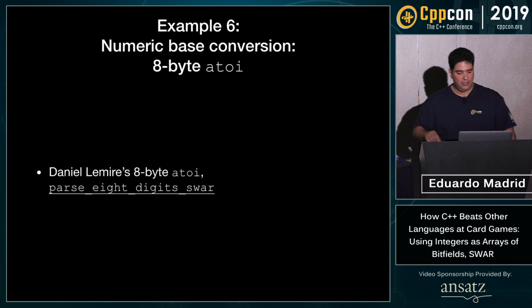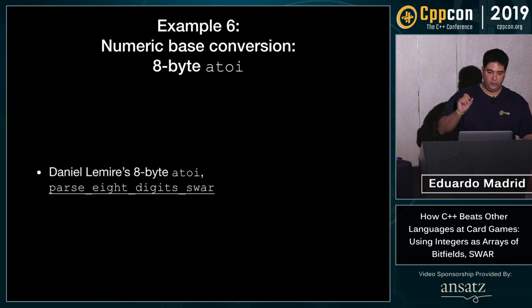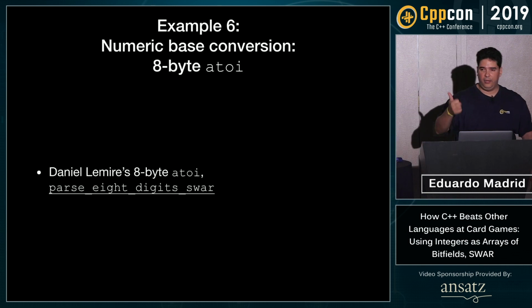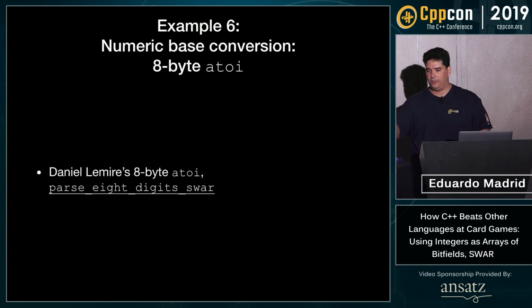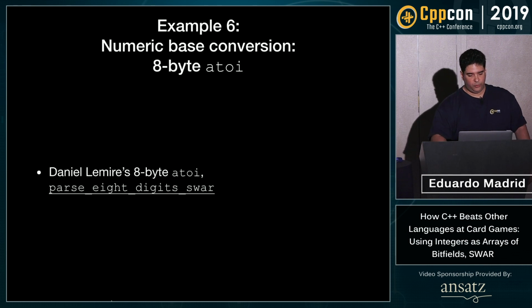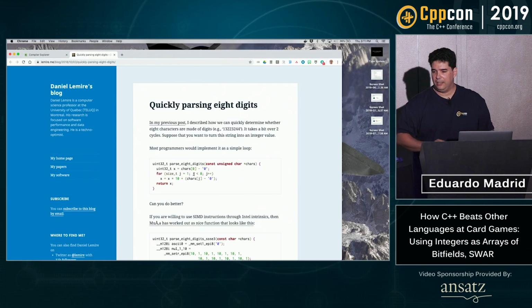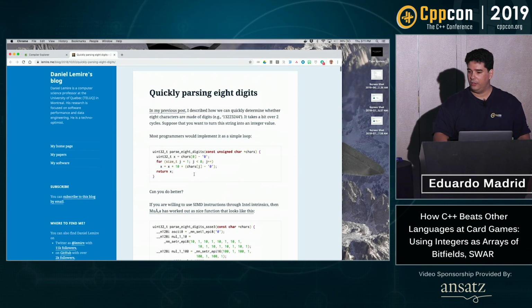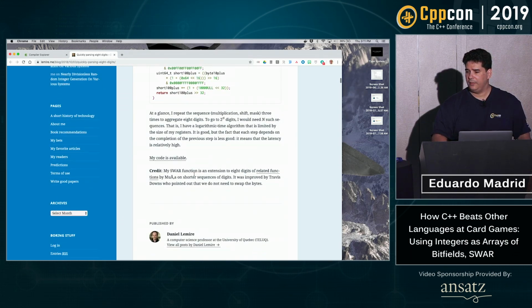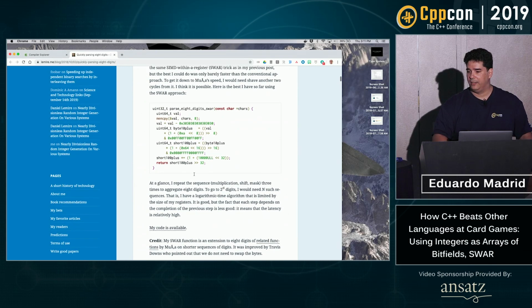This is a technique that Daniel Lemire used to write what I think is, for a single core general purpose processor, not GPUs, the fastest SWAR available. And because I just have the time budget, I am going to quickly show you that code. He explains a lot of things, what he's doing.